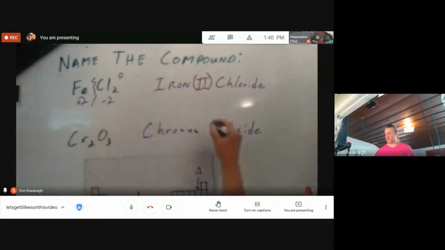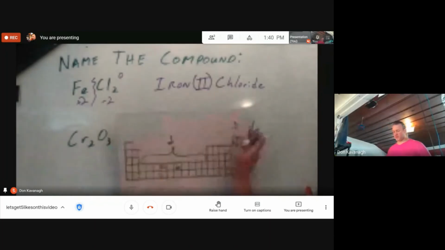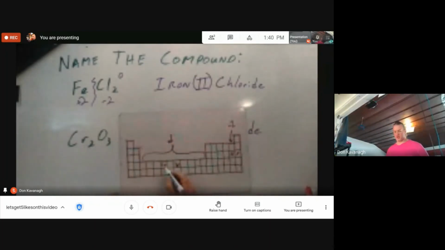And again, because chromium is in this D block in the center of the periodic table, chromium, about right there. Chromium is inside of this D block or transition metal block. We need to tell the reader what the charge is on the chromium.